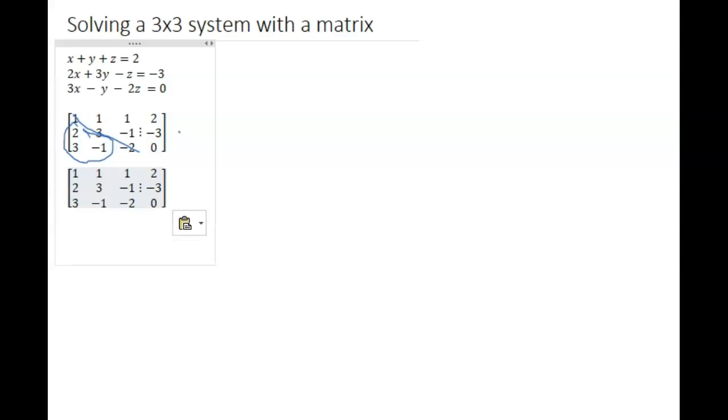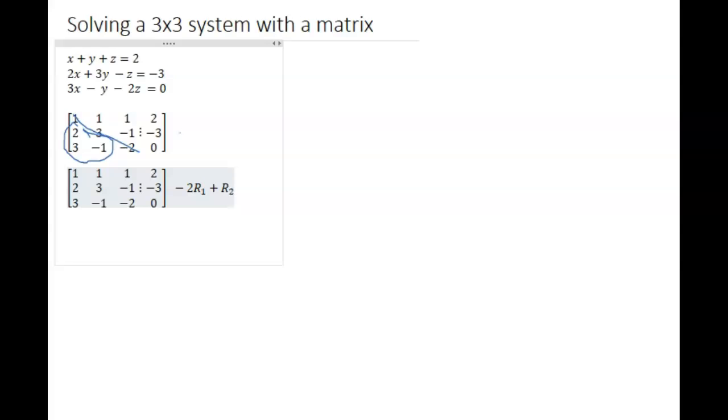In order to get a 0 where the 2 is in the first column, if we think back to elimination, I would want a -2 to add to that +2. Well, if I multiply the top row by -2 and add that to row 2, that'll give me a 0 where the 2 is. -2 plus 2 is 0.